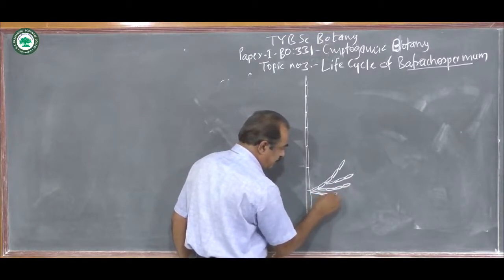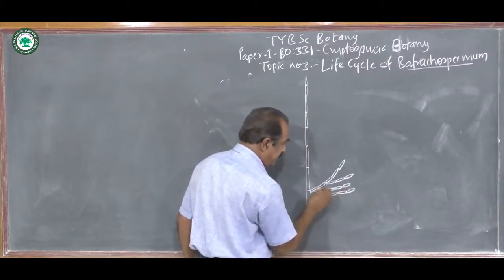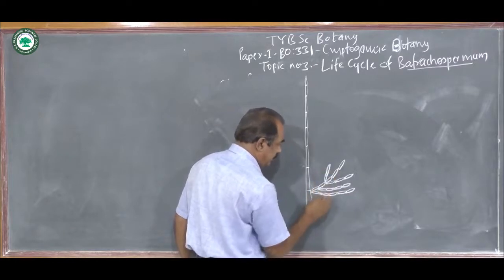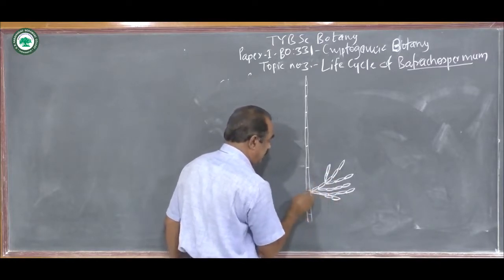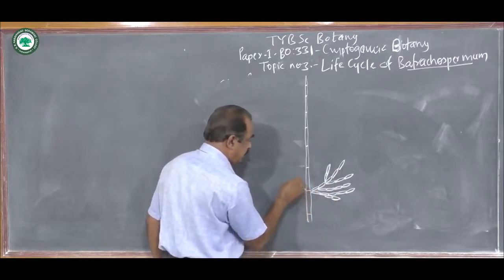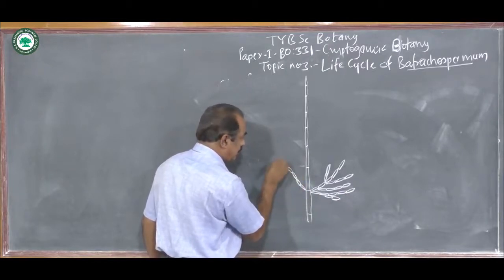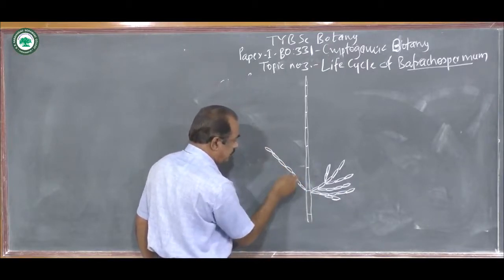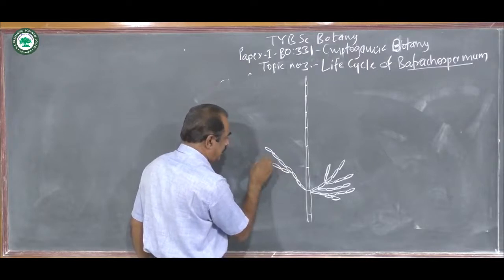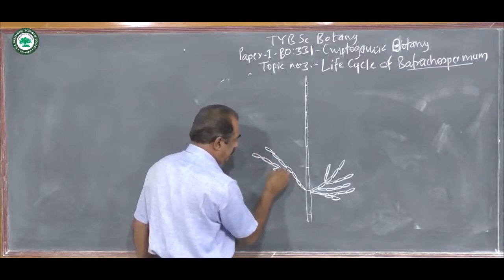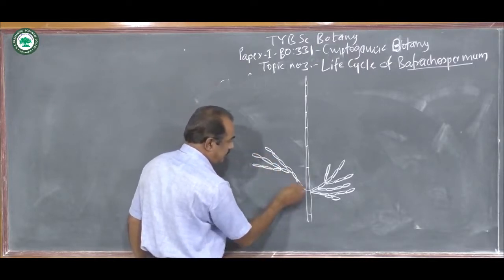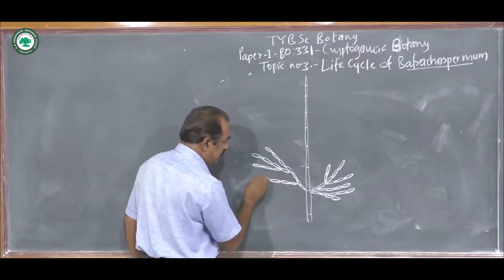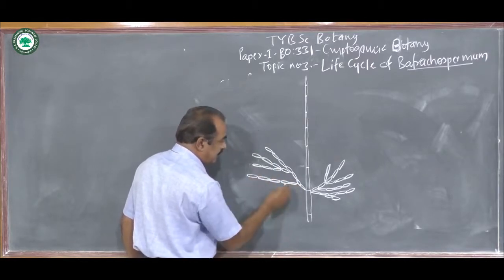These branches are 4 to 6 in number. They are also called limited growth branches.